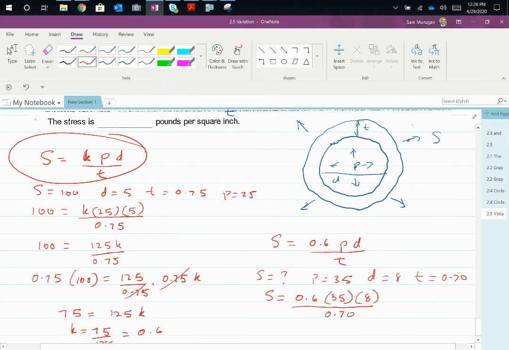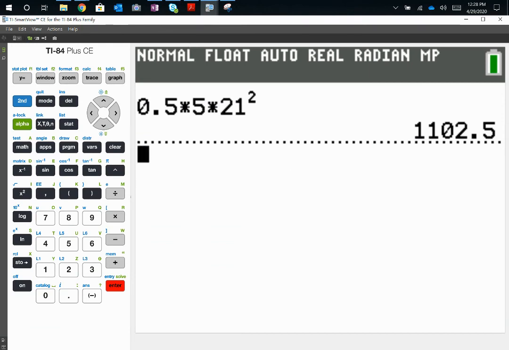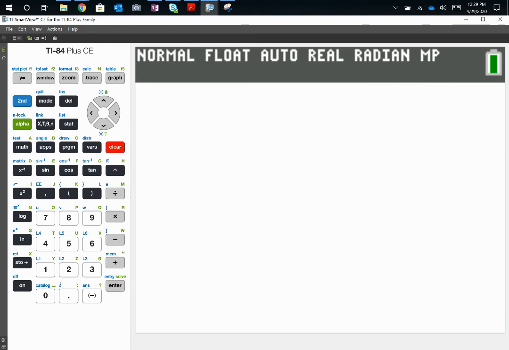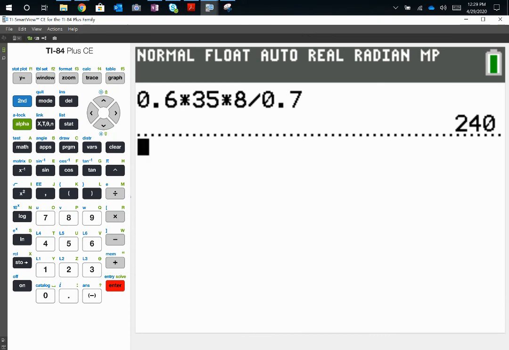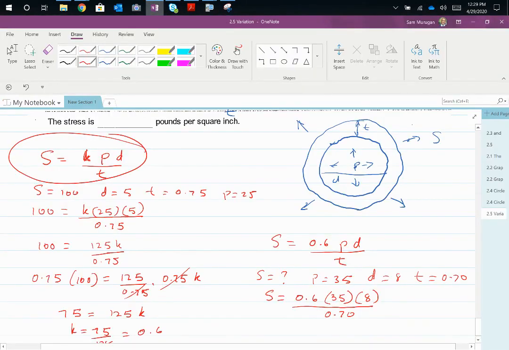Okay, calculator: 0.6 times 35 times 8 divided by 0.7 gives exactly 240.